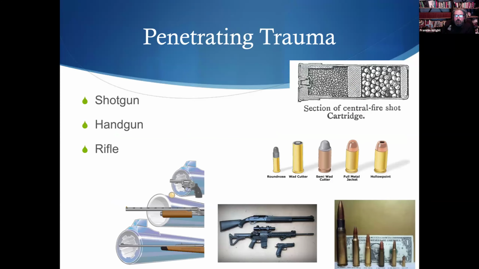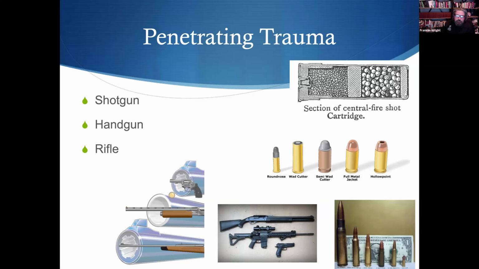So, moving over to penetrating trauma, I'll talk through some of the differences between shotgun, handgun, rifle, and differences in ammunition types and how this matters to the human body. That top picture is a cross cut of a shotgun shell, and we'll talk through that a little bit.